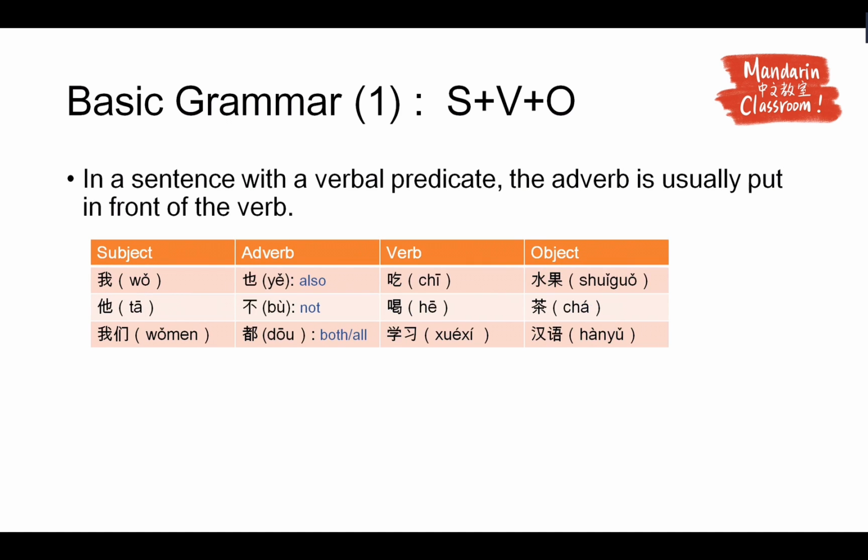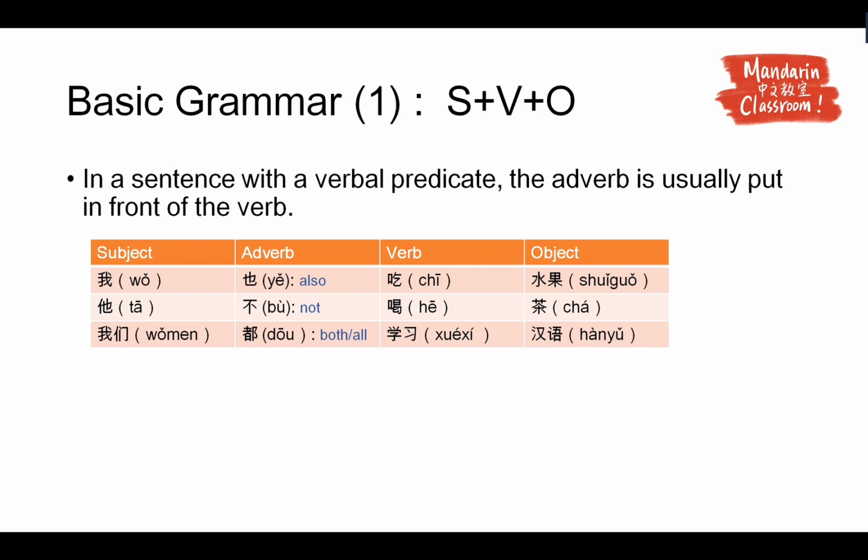And let's see a supplementary for this structure. We need to talk about the adverb. So in a sentence with a verbal predicate, the adverb is usually put in front of the verb. It's similar to English, right?